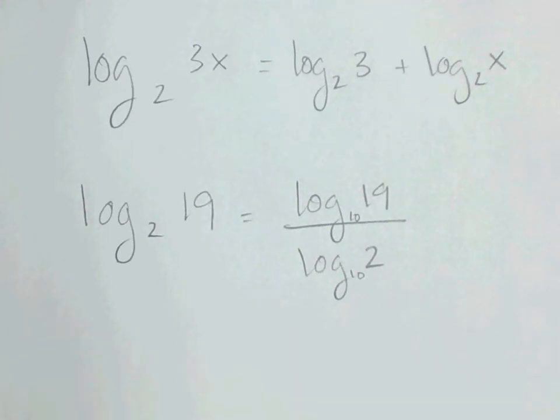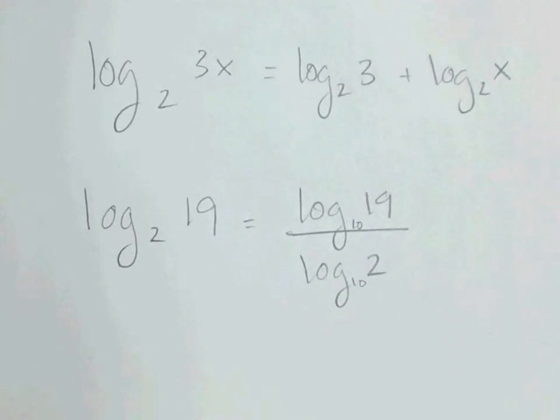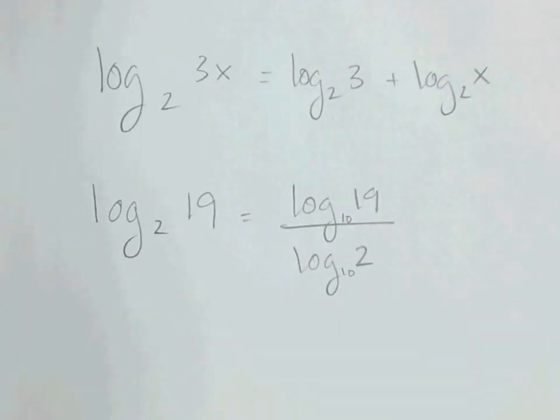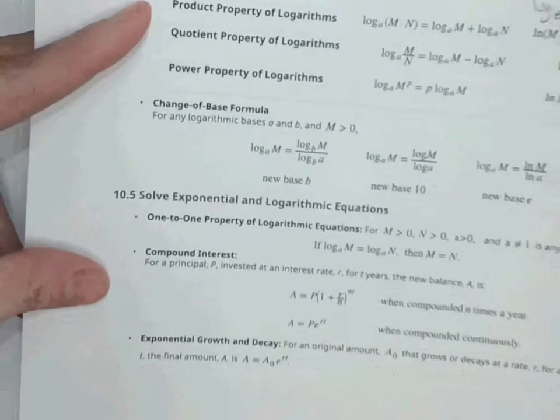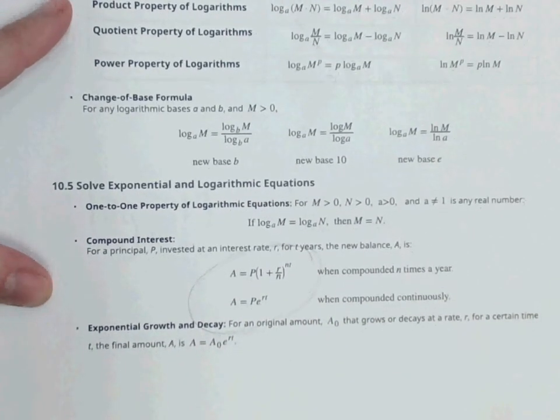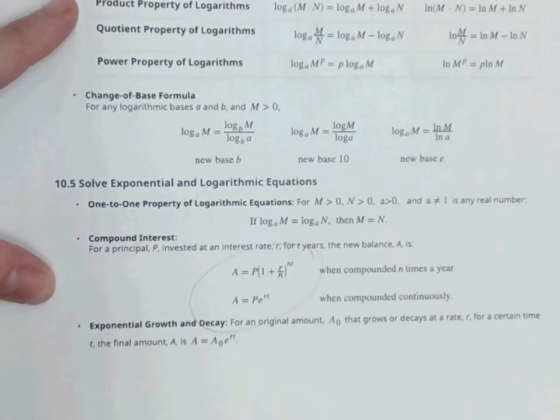The last part, for 10.5, was just going back and solving these things. So you're using your properties, you're using the same relationships that you've looked at before. You're still looking at the same equations and examples. Everything is pretty much the same. You're just working a little bit harder.